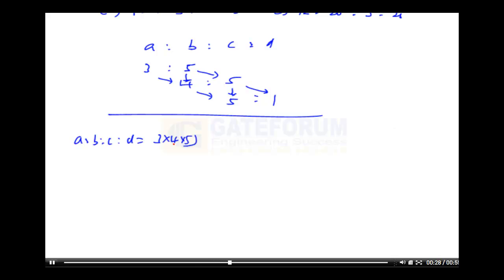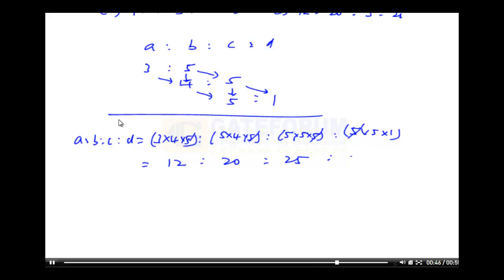If you want B, it is 5 into 4 into 5. If you want C, 5 into 5 into 5. If you want D, it is 5 into 5 into 1. We find 5 is common everywhere, we can knock off. So you get 12 to 20, 25 is to 5, so the option is B.